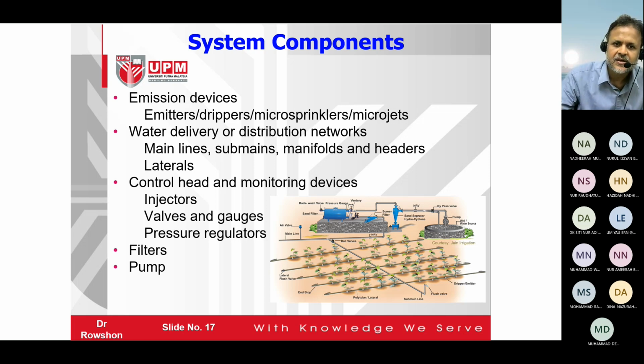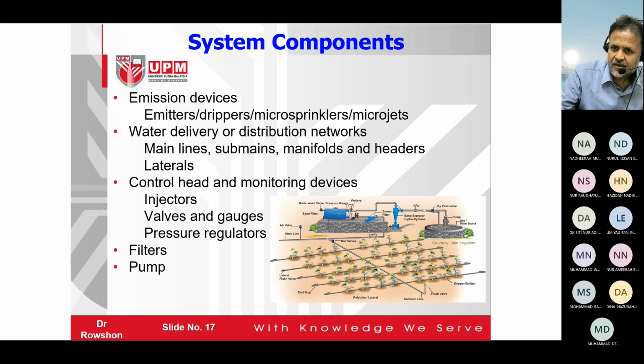These are called emitters, sometimes drippers, sometimes micro sprinklers, sometimes micro jets. We have different types. This is the way water comes. So emitters connect with the lateral. These are called emitters or emission devices.